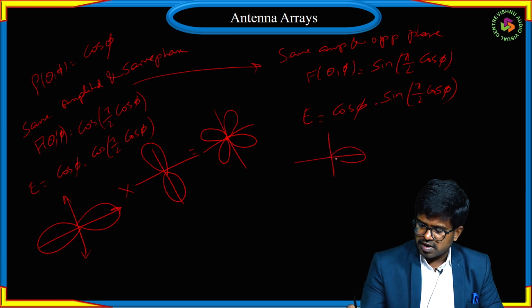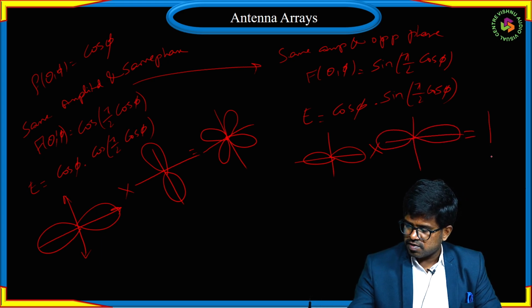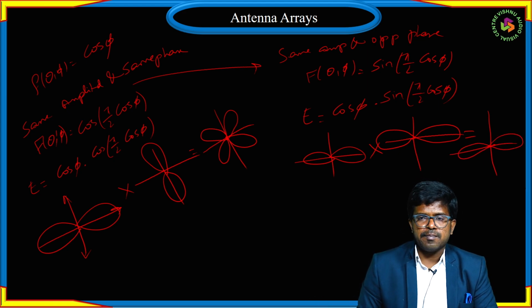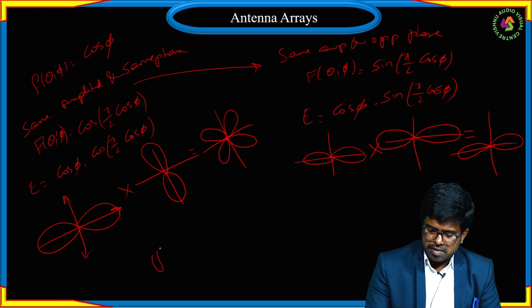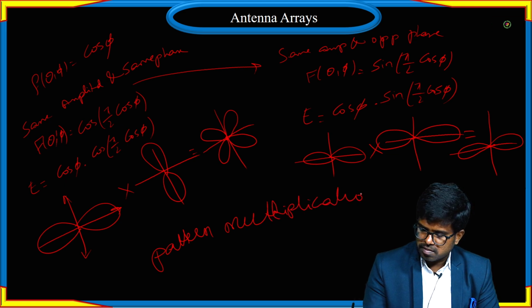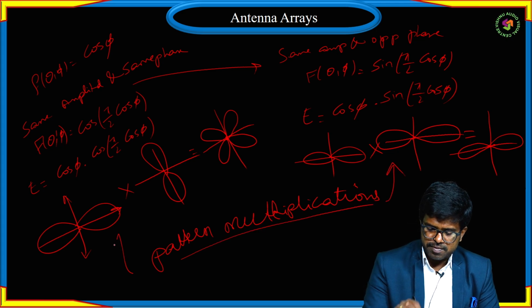This is the cos pi pattern into the sine of psi by 2 cos pi pattern, and the resultant will be similar. Like this you multiply patterns. These are all called pattern multiplications.